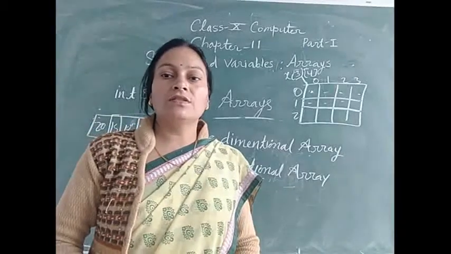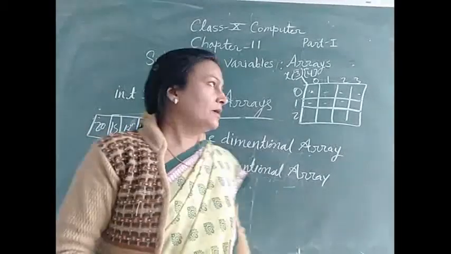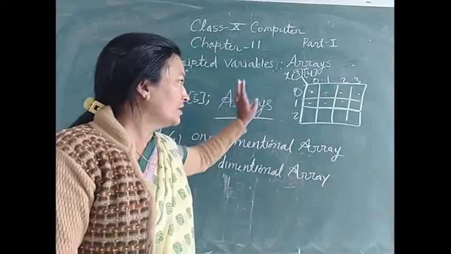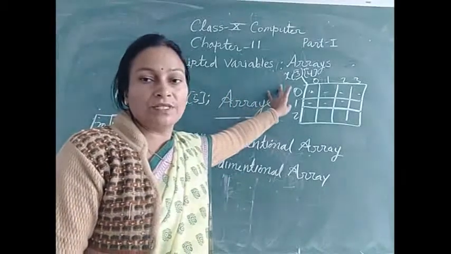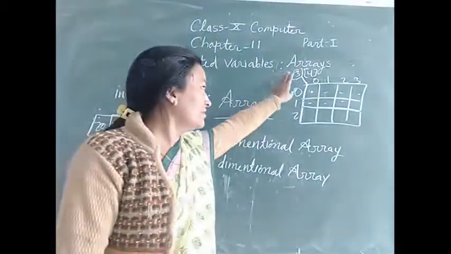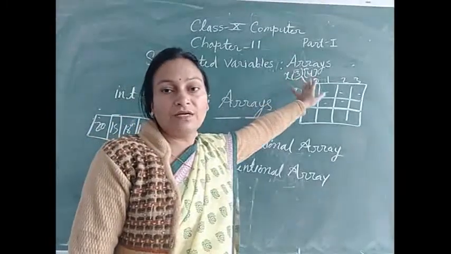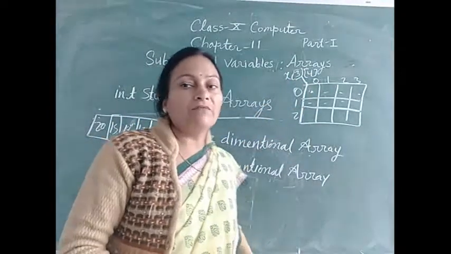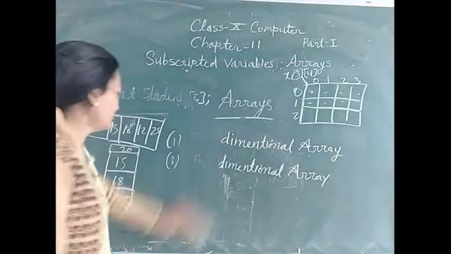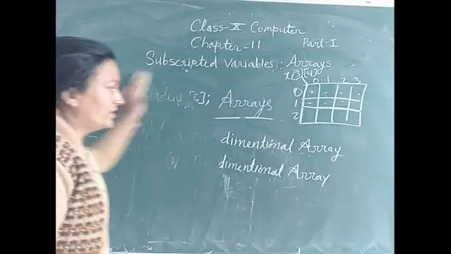In a two-dimensional array, there are 2 subscripts. The first subscript is for row and the second subscript is for column. And in a one-dimensional array, there is only 1 subscript.